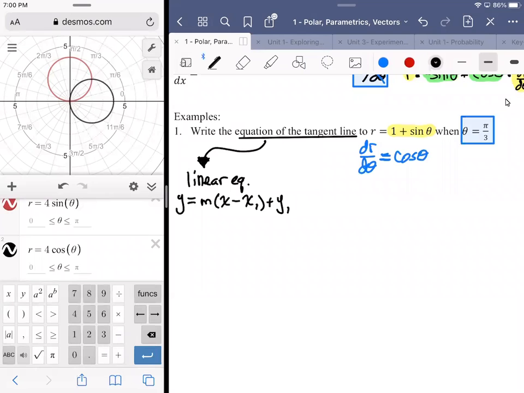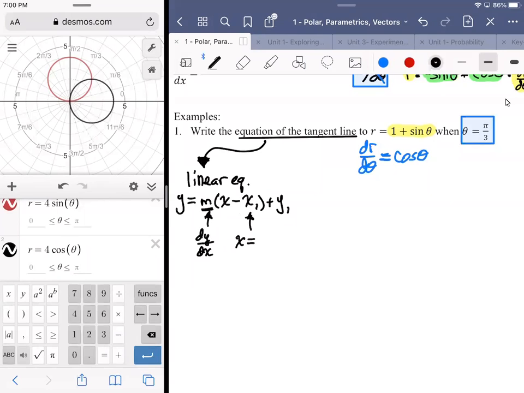All right, so I need the slope. That's going to be dy/dx. All right, I need an x value. Right, so it really is an x value. So we're going to be writing this equation in rectangular form. Right, so in order to come up with an x value, I need the relationship between x's and y's, and r's and thetas.